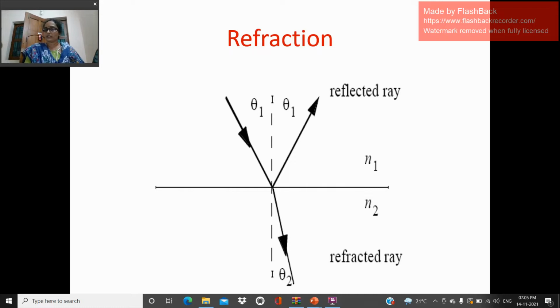Theta 1 is the angle at which the ray is incident on the dielectric material, and the part reflected into the same medium, n1, is termed the reflected ray. In the second refractive index, n2, some part of the light bends and travels into the other medium, and that is termed the refracted ray.